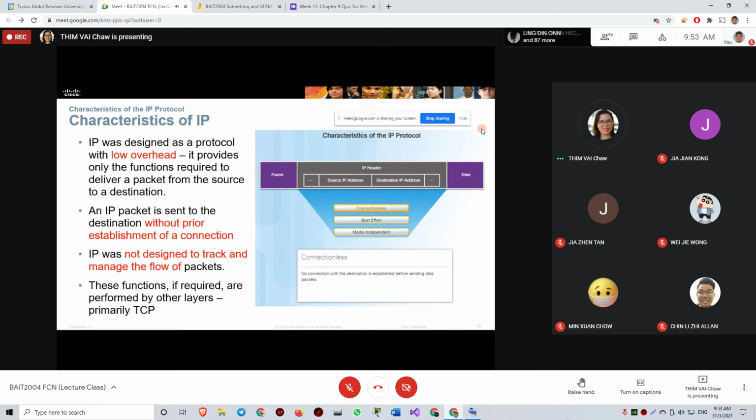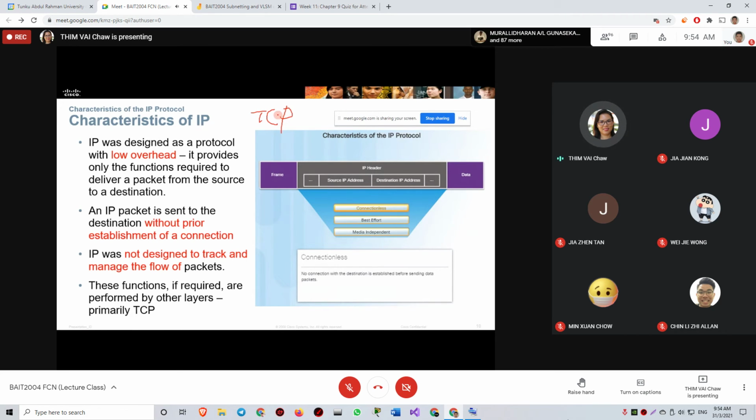But establishing the connection is not done at the internet protocol. Establishing the connection is performed by the transport layer. The transport layer protocol is TCP, which stands for Transmission Control Protocol.